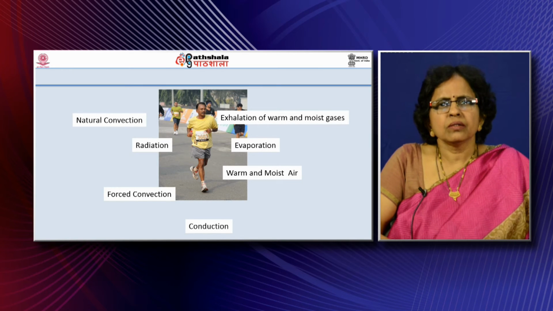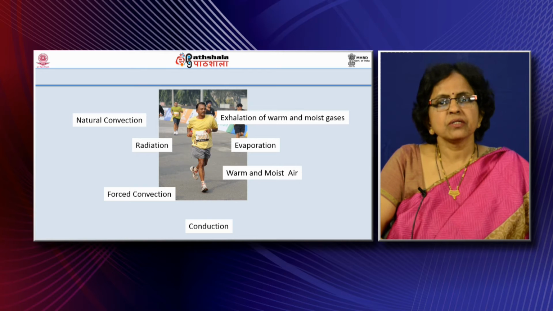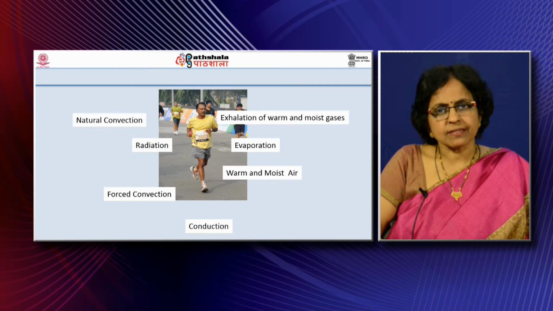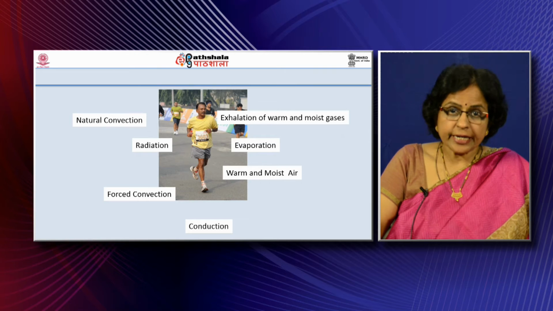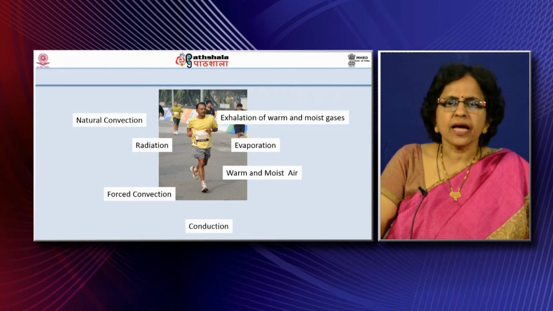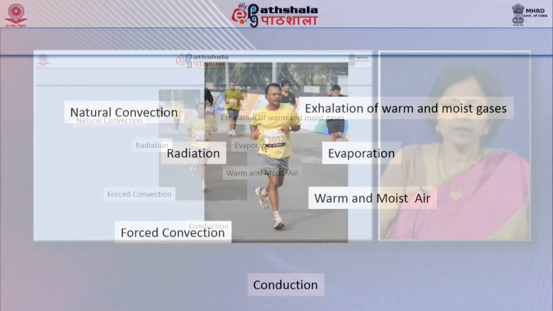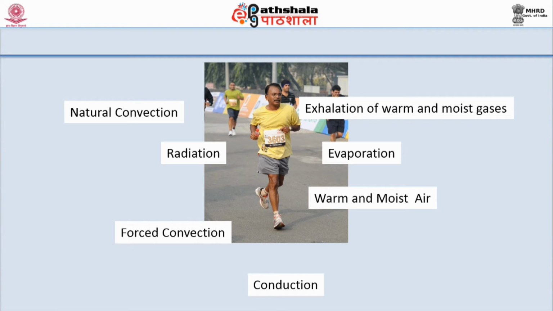Now that is under normal conditions, but suppose you are doing an exercise, the basic phenomena still remain the same. However, there are a couple of things which add more to the heat loss mechanisms. That is the natural convection of the body. However, in addition to that, you have forced convection. For example, you are running or exercising.